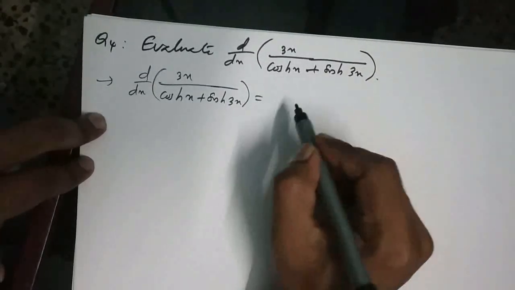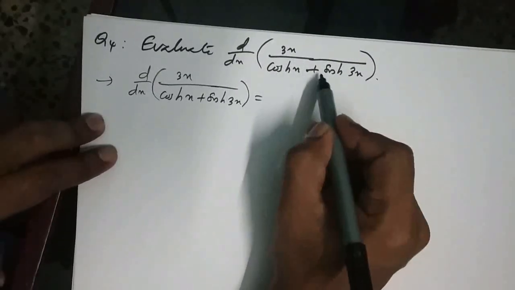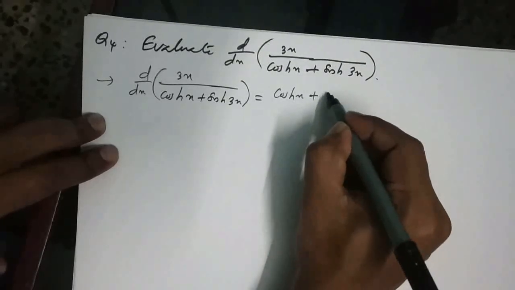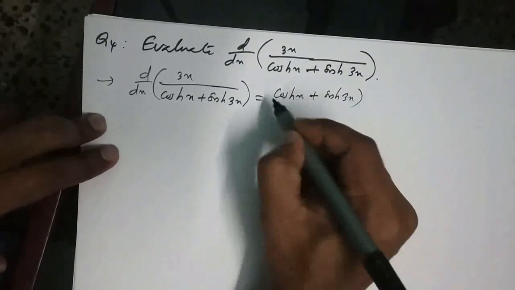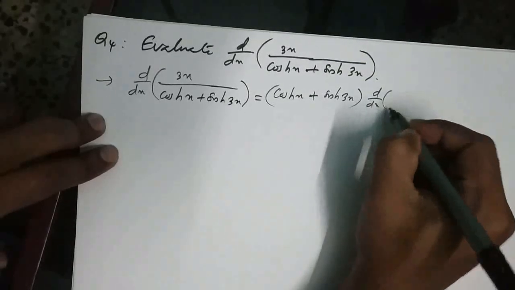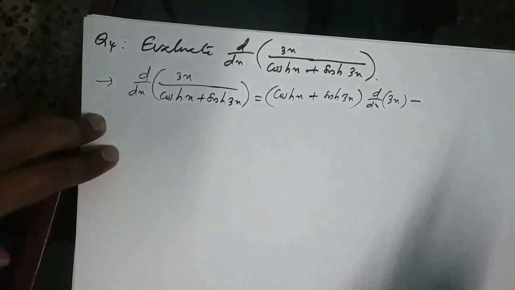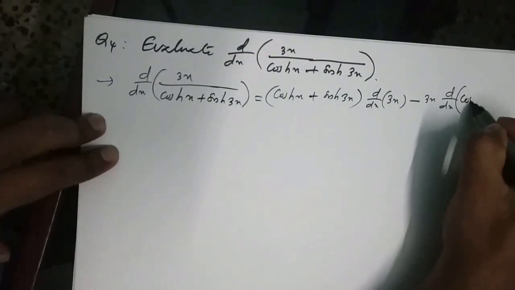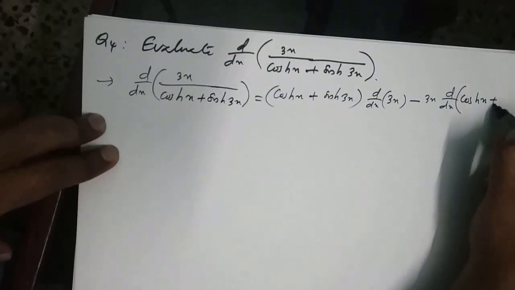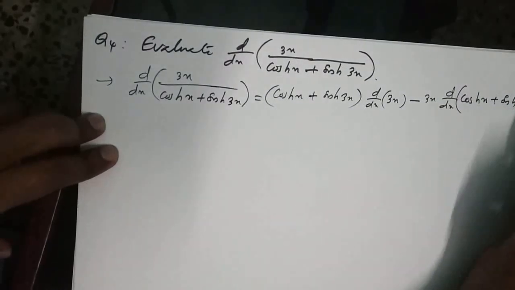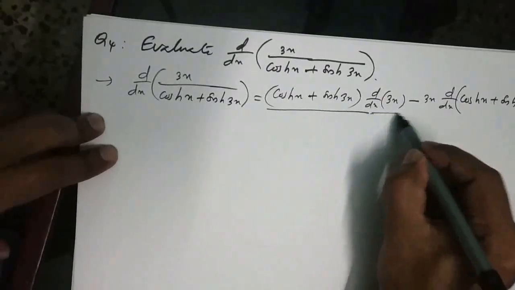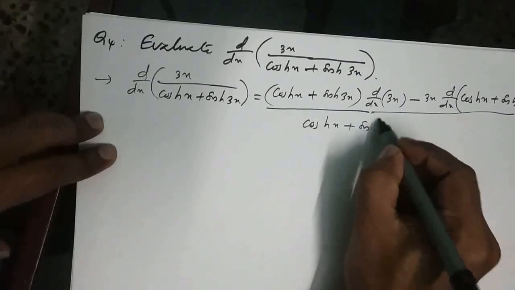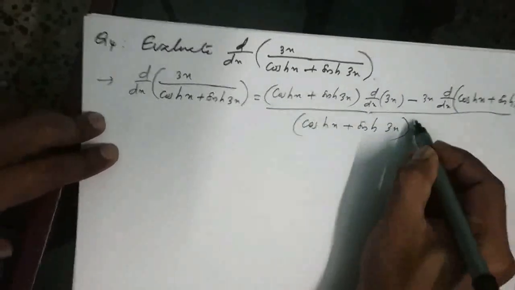is equal to the denominator times the derivative of the numerator, so that is cosh x plus sinh 3x times the derivative of the numerator, minus 3x times d by dx of the denominator cosh x plus sinh 3x, all divided by the square of the denominator, cosh x plus sinh 3x to the power 2.